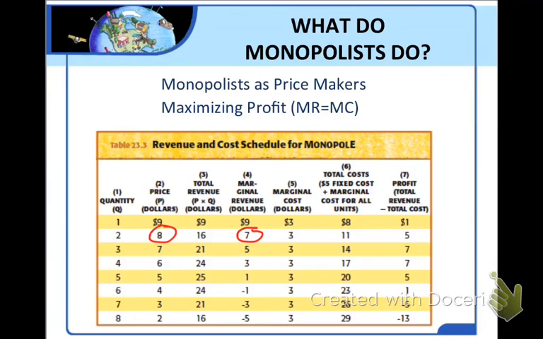Its marginal revenue from selling the second unit is the new price of $8 minus the dollar it loses on the first unit by lowering the price from $9 to $8. So marginal revenue would be $8 minus $1, and that would equal $7.